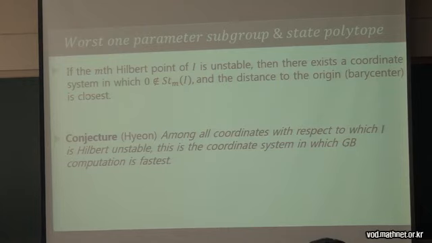Therefore, you get rid of those generic coordinates, and away from the generic coordinates, there is a special coordinate system in which Gröbner basis computation is the fastest.